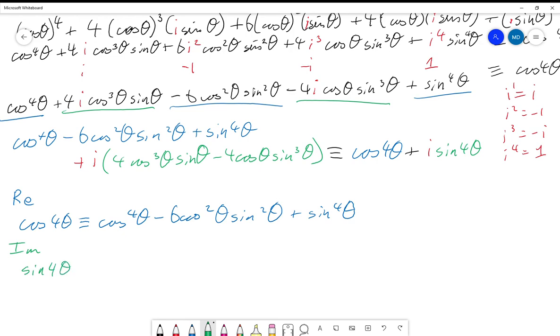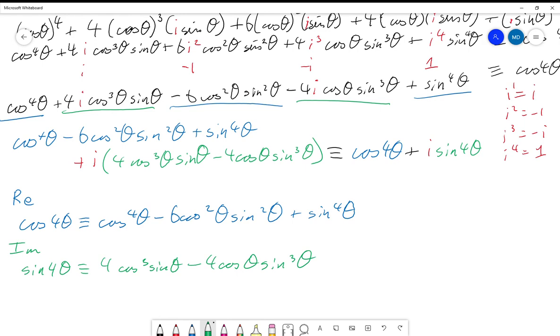We weren't asked to in this question, but it's always worth having a look at things like this. So we get 4 cosine cubed theta sine theta minus 4 cosine theta sine cubed theta. And there you go. Equating our imaginary parts gets us a formula for sine of 4 theta as well. So that's nice.